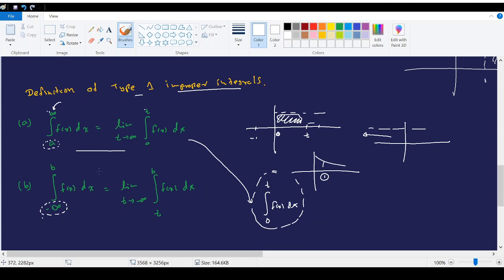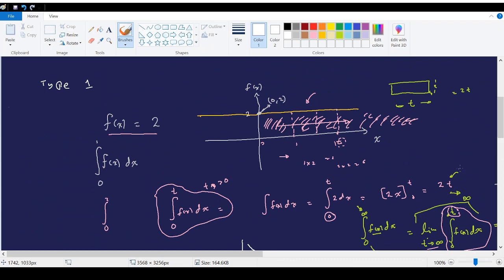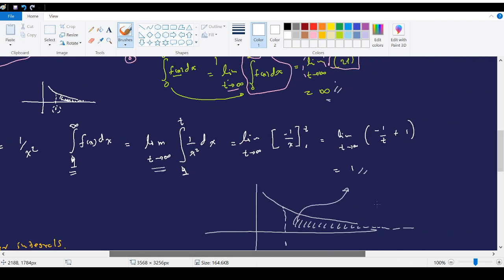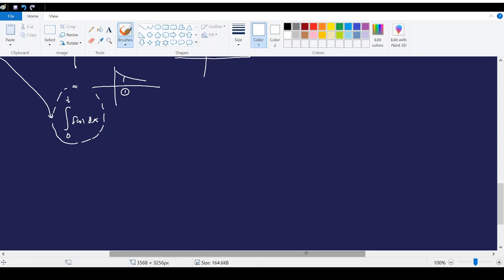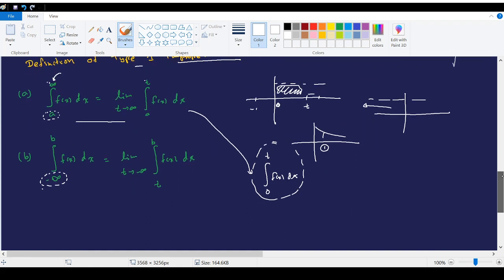Okay, and there's one more thing. Now you saw in the examples, the first one had infinity as the answer, right? And the second one got a finite value as the answer, right? Here we have infinity and here we have a finite value. So depending on the finite or infinite nature of this answer, we categorize these integrals as a convergent integral or a divergent integral, right?